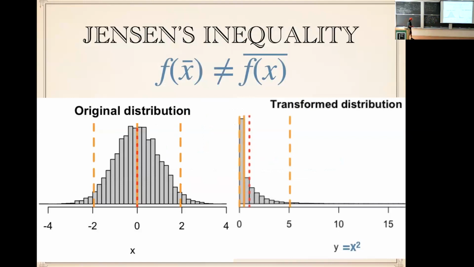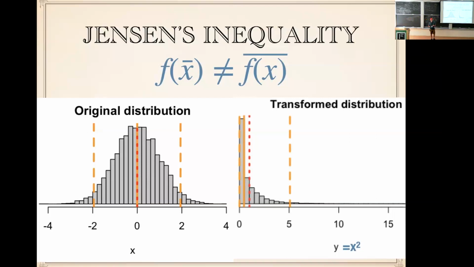So one of the things I like about the analytical approach, though, is it helps us address a real challenge we have whenever we want to do uncertainty transforms through nonlinear functions, which is basically that Jensen's inequality will rear its ugly head a lot.